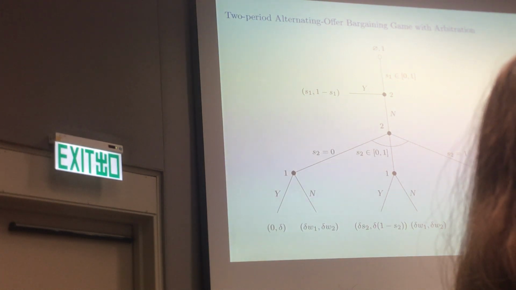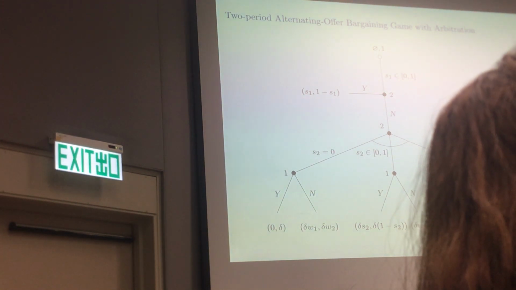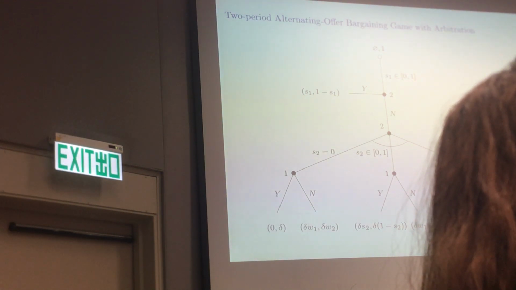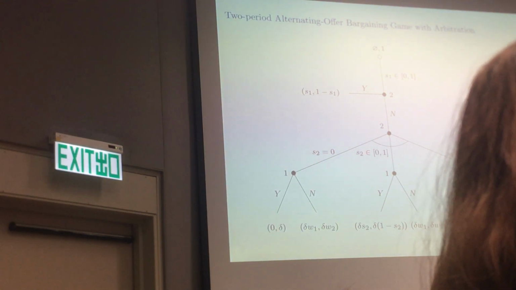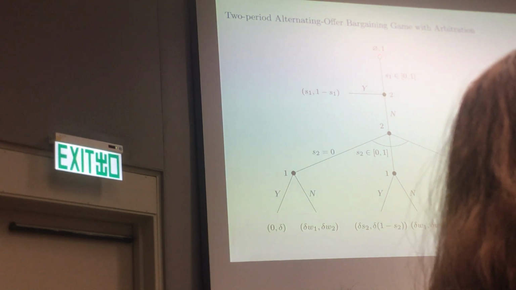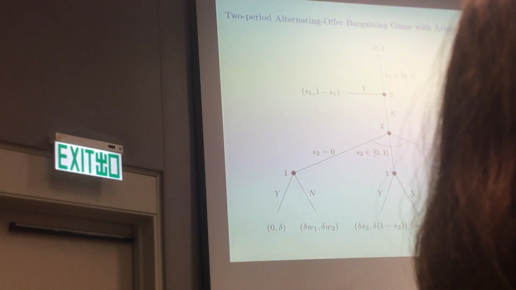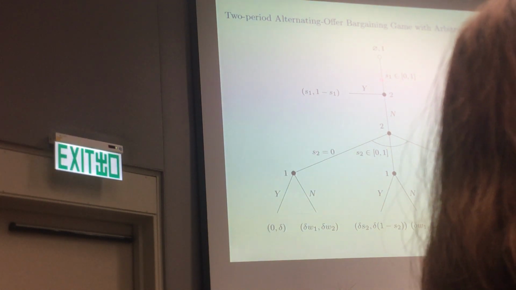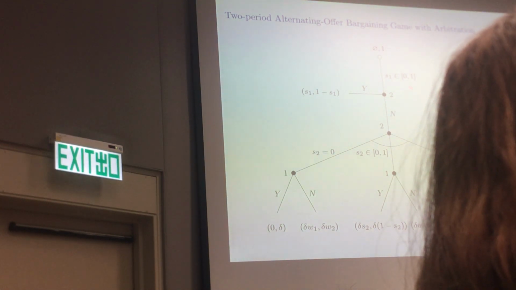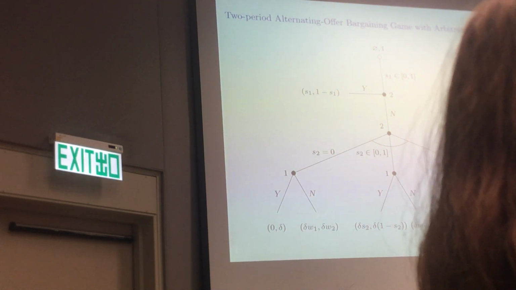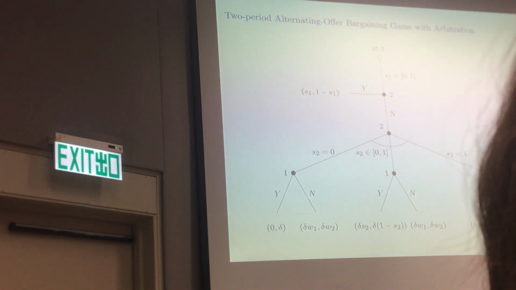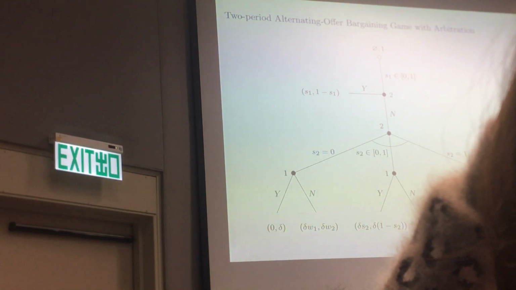Okay, so that's much discussion so far, but everything we discussed can be summarized with this game tree. Again, it is player 1 who moves first. So first player 1 chooses S1, player 1's proposal. S1 represents the amount of share that player 1 would like to have.